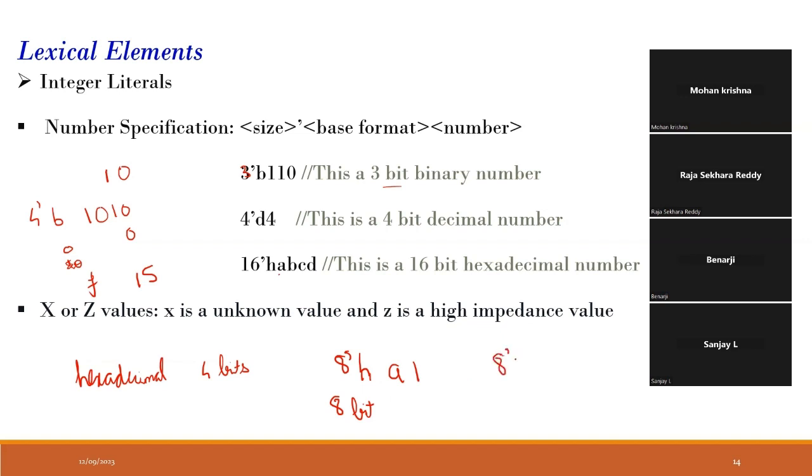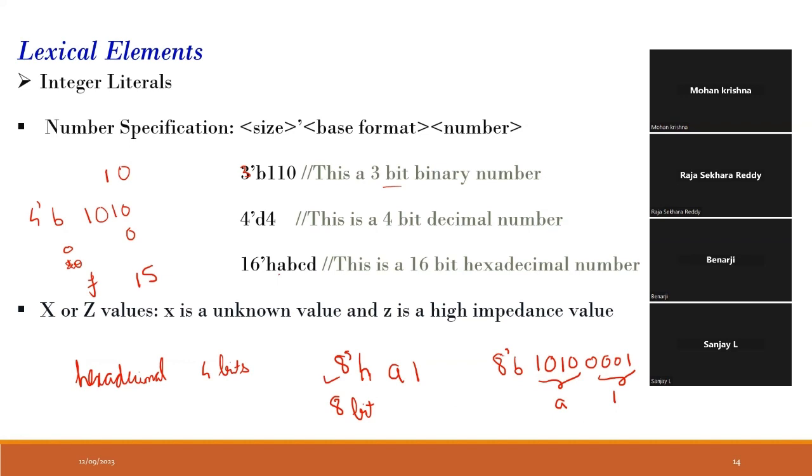If written in binary it will be 8'b, and A takes the value 10, which is 1010, and 1 will be 0001. So if it is in binary form, it will be written like this, and if it is in hexadecimal form, you will write it like this. Hexadecimal form is a compact way we can write the value.